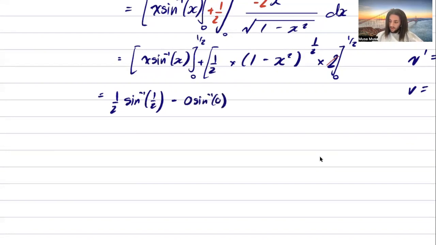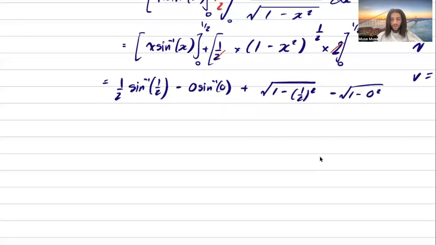And then, of course, those would have already cancelled. So we get plus, and then we have the square root of 1 minus, and then it's a half squared, then minus, and then the square root of 1 minus 0 squared. Okay, so when does sine equal a half? It equals half at pi on 6. So this is a half times pi on 6 minus, and then that's just 0, so that goes.